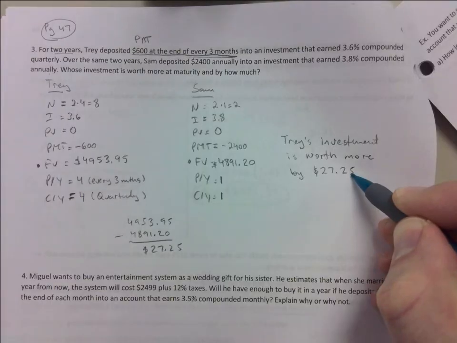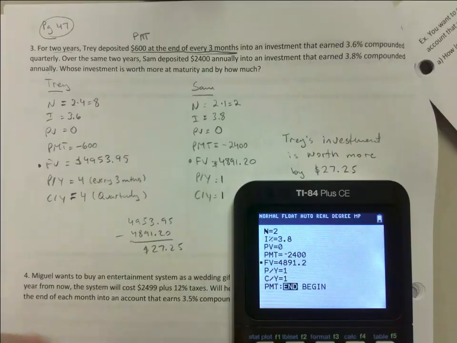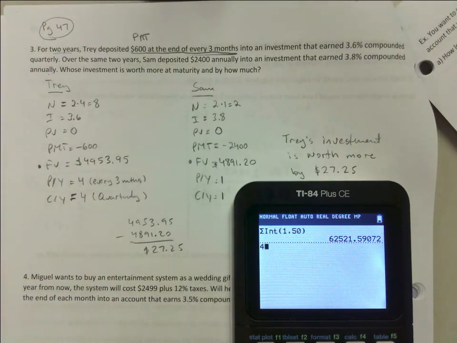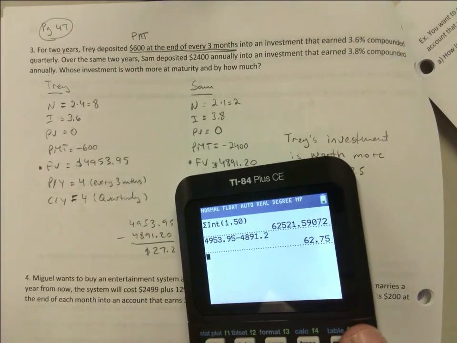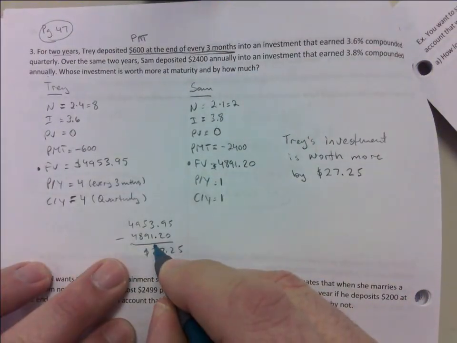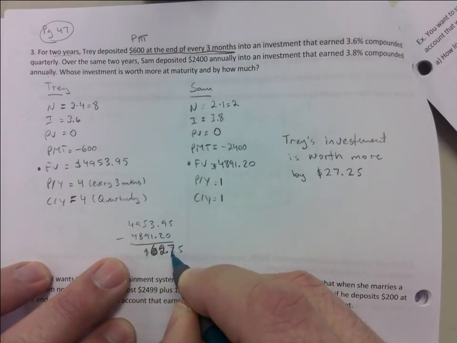It's 62.75? Ah, you know what? I'm pretty sure you're right. $62.75, my bad. $62.75.